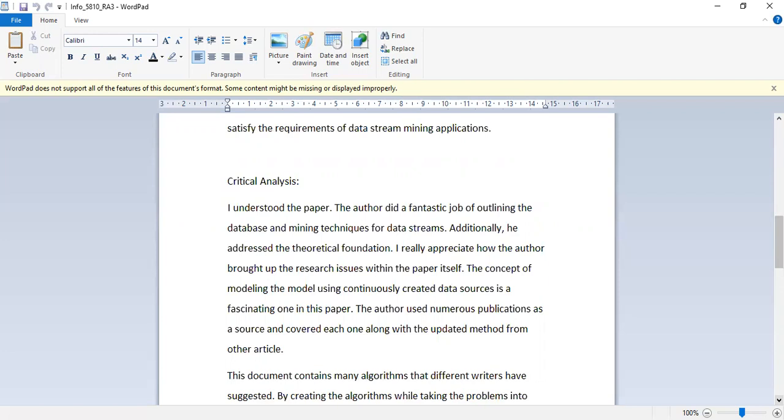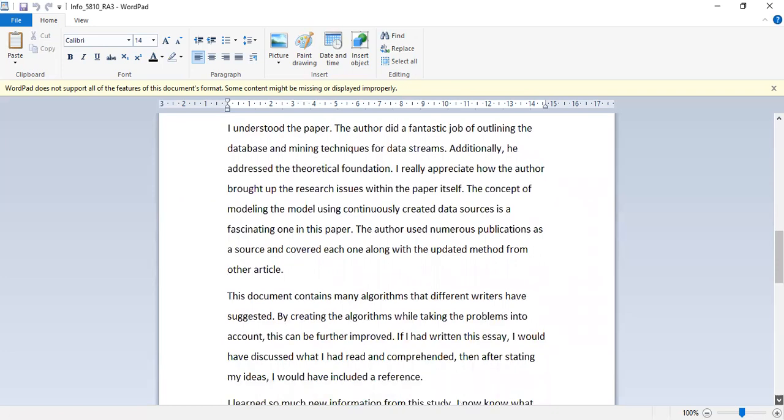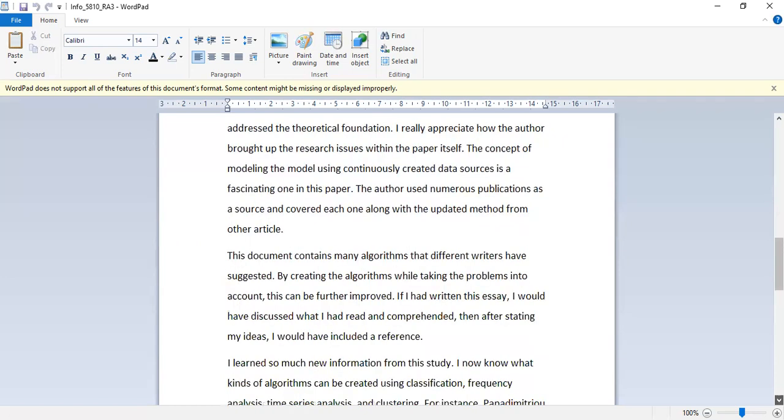The concept of modeling the model using continuously created data sources is a fascinating one in this paper. The author used numerous publications as a source and covered each one along with the updated method from other articles. And he also took references from other articles, where you can find knowledge from different articles in the same place. That's a very good part of this paper.